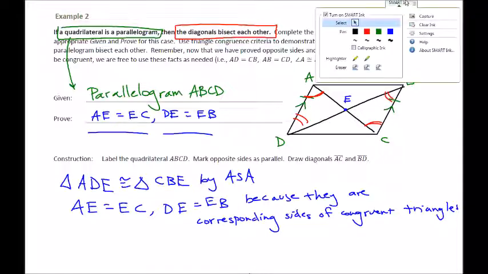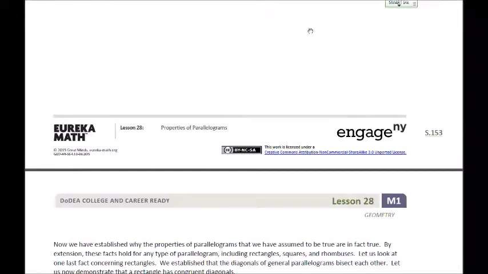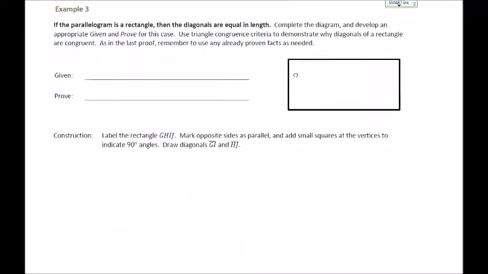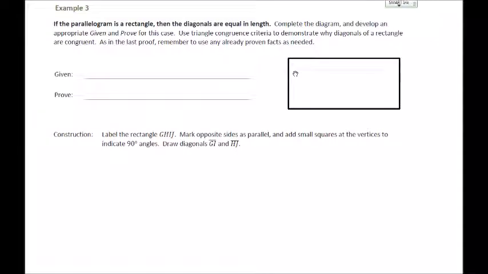The next proof we'll do together is example 3. We are given that if the parallelogram is a rectangle, then the diagonals are equal in length. So again, the if part gives us the given, and I will name this rectangle ABCD, just for ease.